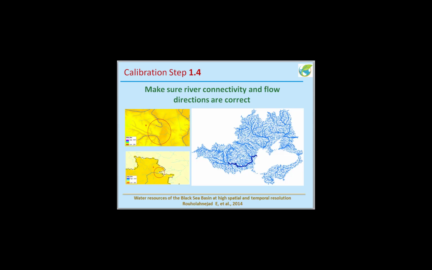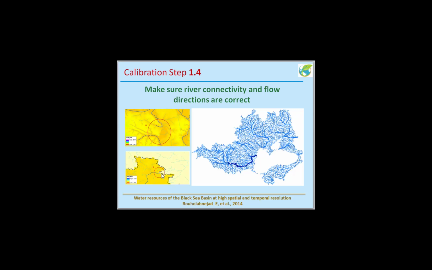In calibration step 1.4, check the river connectivity. If your burning rivers, for example, are disconnected, such as this here, you can get flow going in the wrong direction. Or if the river doesn't extend to the edge of the watershed, for the rivers that should flow out of the system, like to a lake, for example, then you may get rivers going the wrong direction and coming into the system.